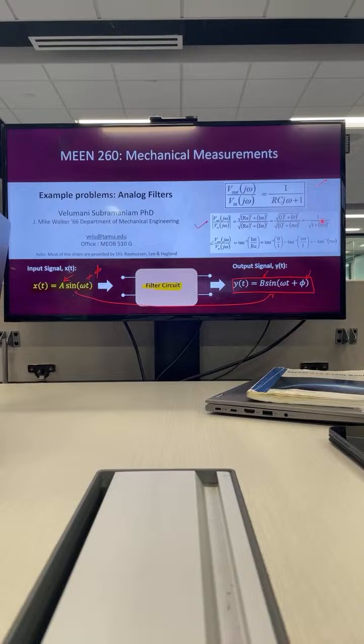That is the magnitude, and the phase angle phi is nothing but tan inverse of imaginary by the real part minus the denominator here, tan inverse of j omega tau by 1. So these are the two formulas you have to remember, because we are going to use them to solve the problems here.